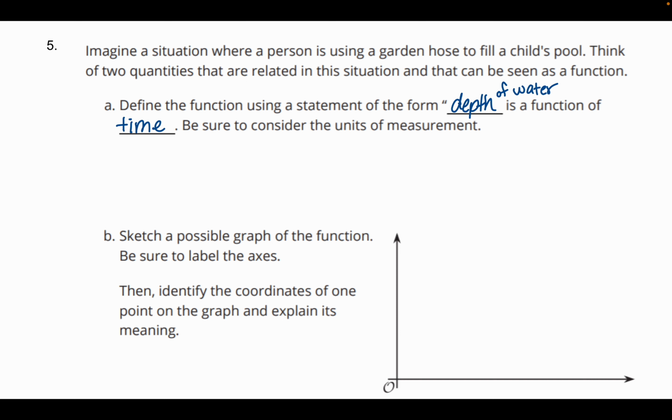Now, I do have to be conscious of my units of measurement. So I am going to say the water in inches is a function of time in, and I'm going to choose to use minutes here.